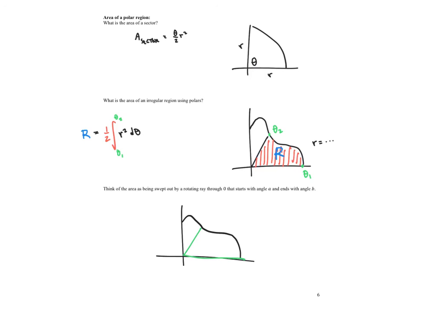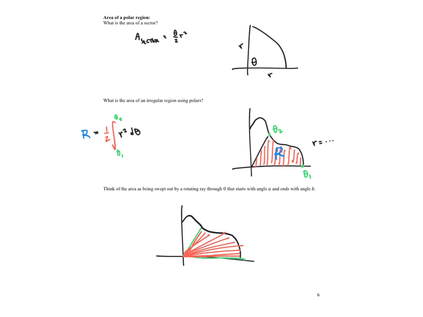You can imagine kind of almost shining a light right here, and as you rotate it, it terminates at the curve, but it accumulates area. So it's kind of cool. I probably didn't do the best job of helping you visualize that, but that's exactly what's going on.